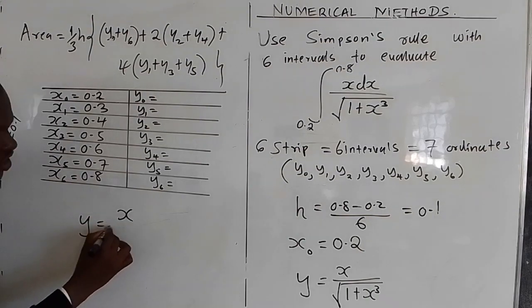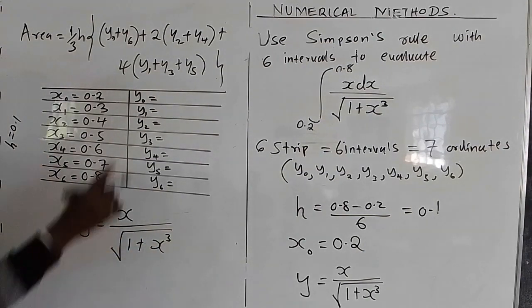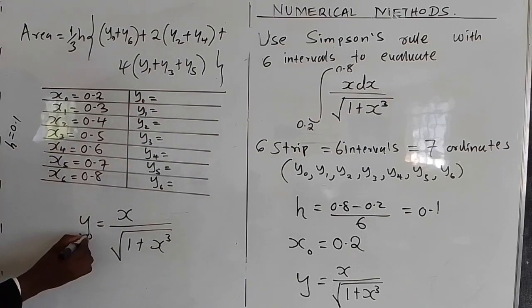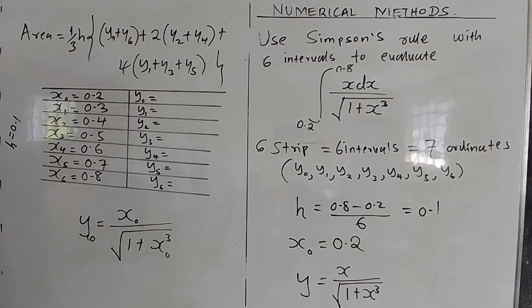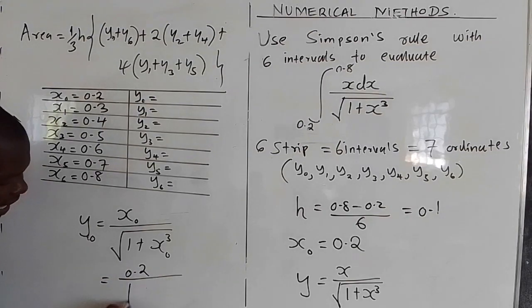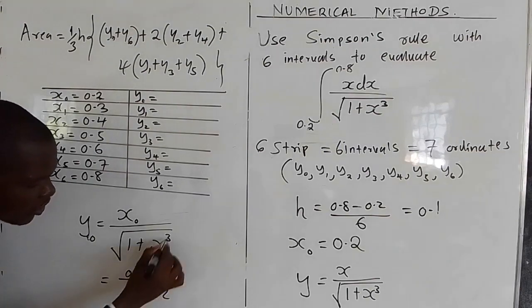You can see it is x over the square root of 1 plus x cubed. So when you're looking for y naught, where there is x you put x naught, isn't it? So y naught will be x naught over, and what is your x naught? 0.2 over the square root of 1 plus 0.2 cubed.